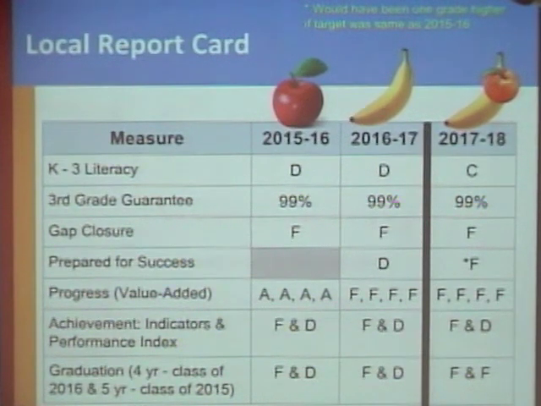The tests have gotten harder. Last year, the state warned all districts that you'll probably lose an average of 2 grades on the report card. Across the state, that's what happened because the tests were harder. And then they've increased the cut score to get to 80% now, which results in gaps for us.